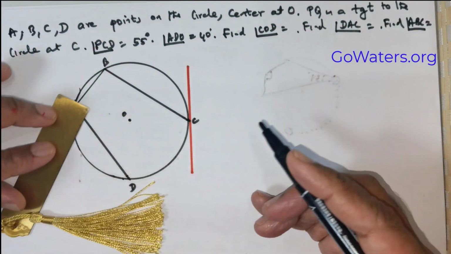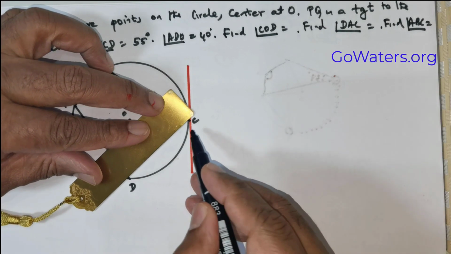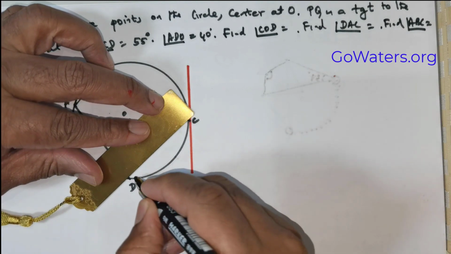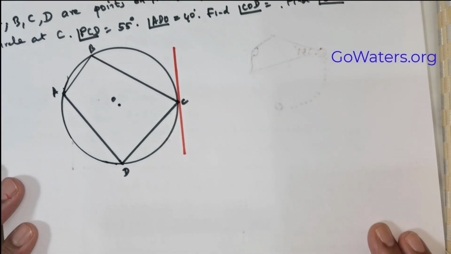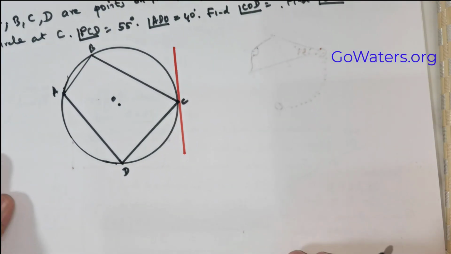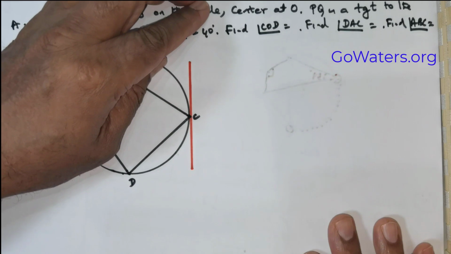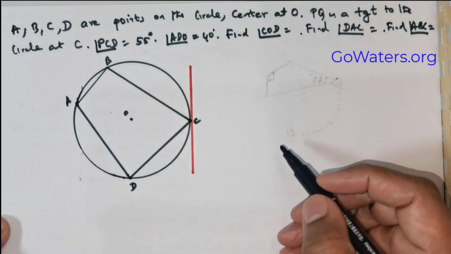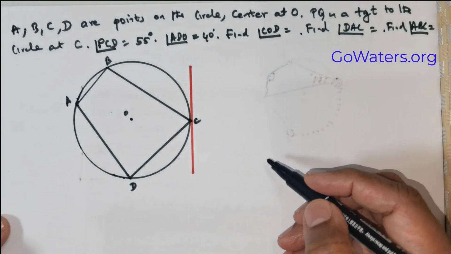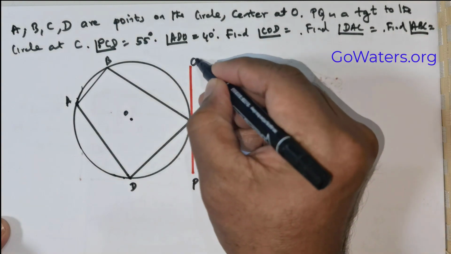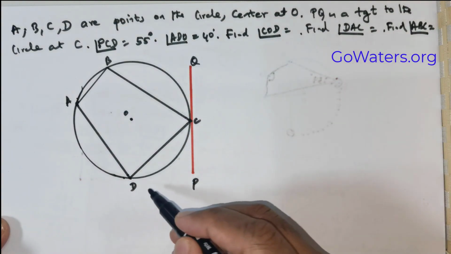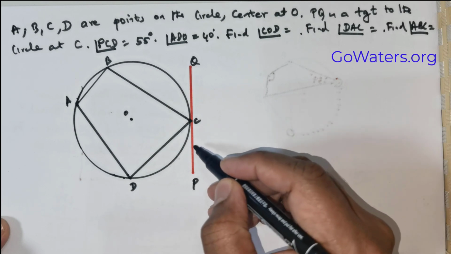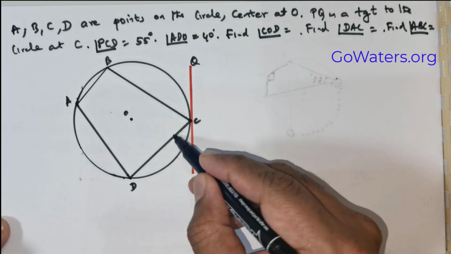Okay, and then you have that hit between D and C. So this is what is being given, with the few other data. Now this is PQ, P and Q, and angle PCD is being given to be 55 degrees.